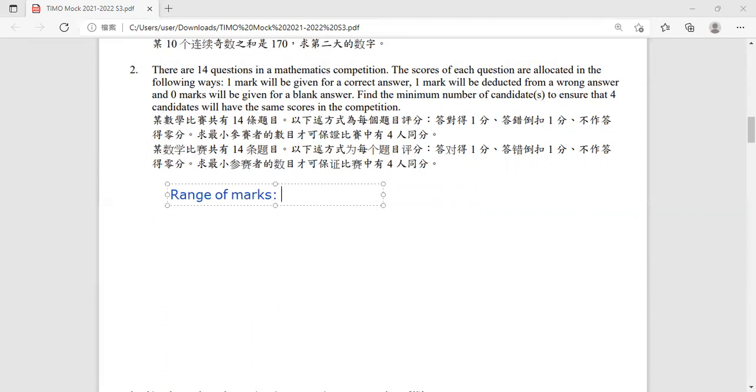If you get all the questions wrong, you will get negative 40 marks. If you get all the questions right, you will get 40 marks. You can leave the whole question blank, then you will get 0 marks. So the number of possible marks is 81.